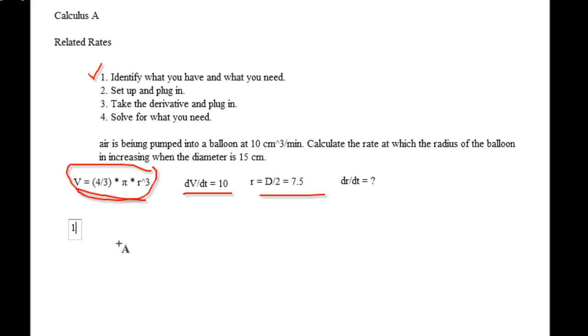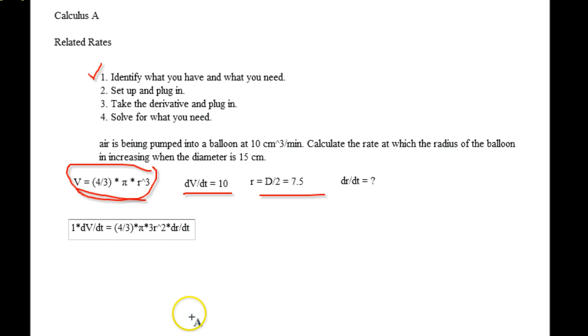Okay, so it's going to be 1 times dV over dt equals 4/3 times pi times 3r squared times dr dt.